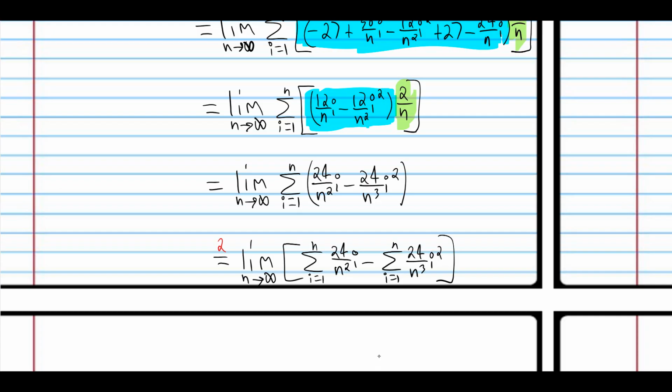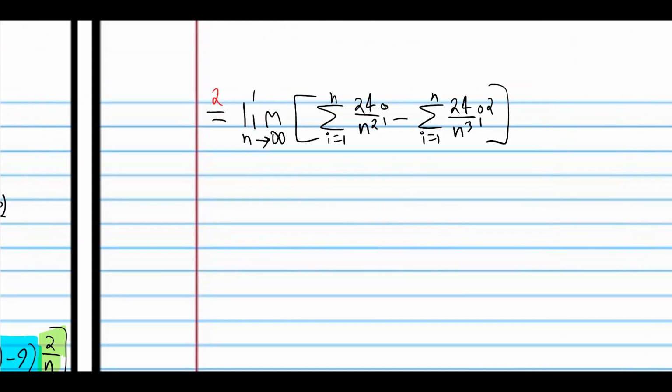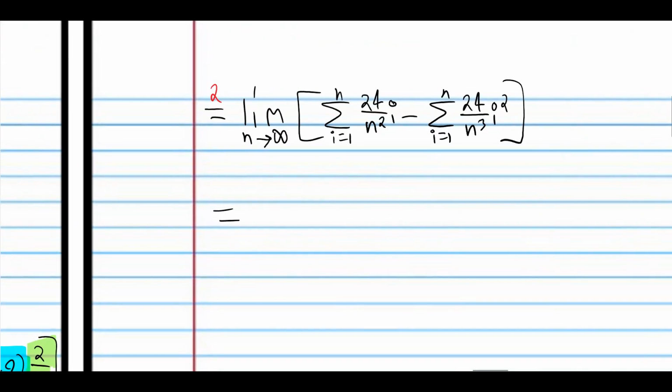So now I'm going to copy this. We're going to use sigma rule number 3 to bring those constants out of the sigma notation.